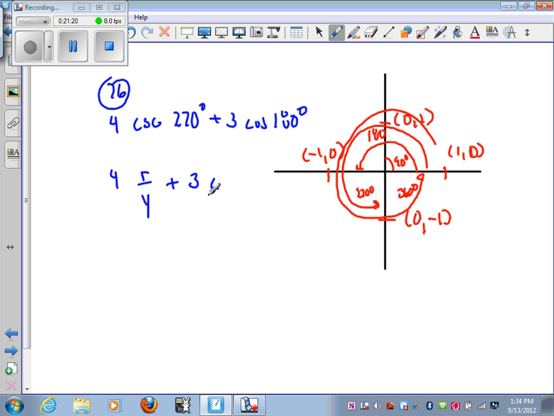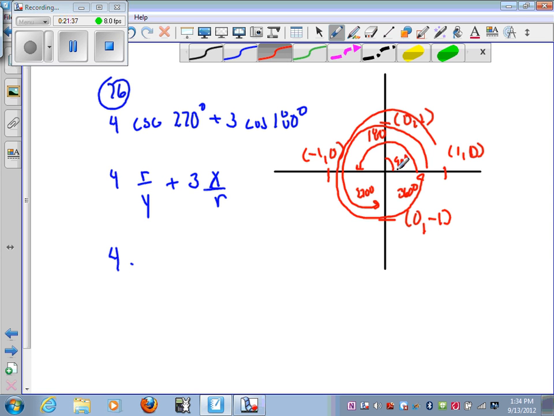And cosine of 180, cosine is going to be x over r. Okay, on the 270, I'm doing the ratio for 270. That's this one down here. The r is 1, and the y is minus 1.